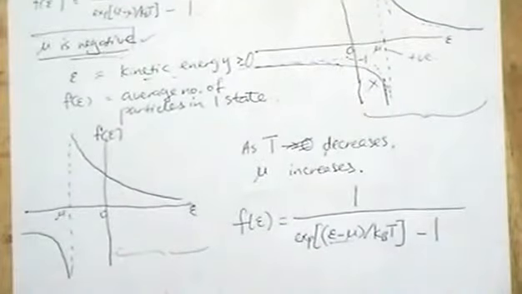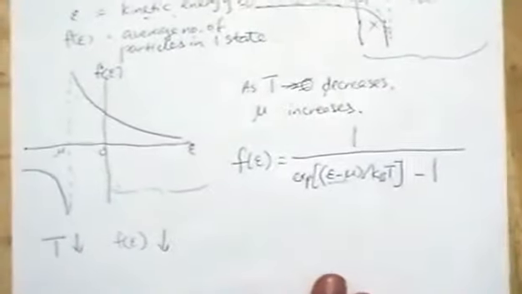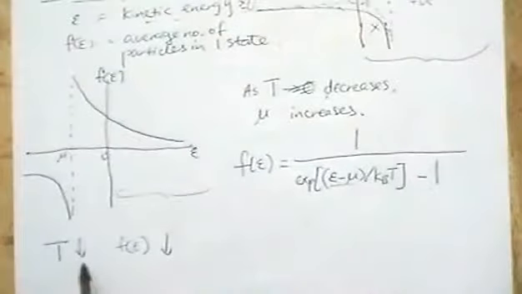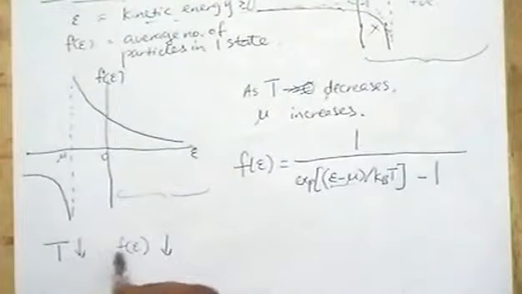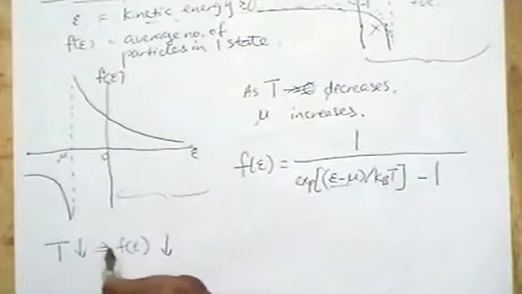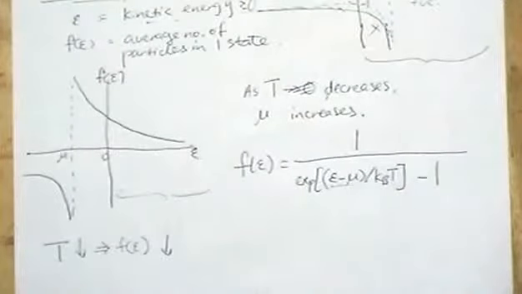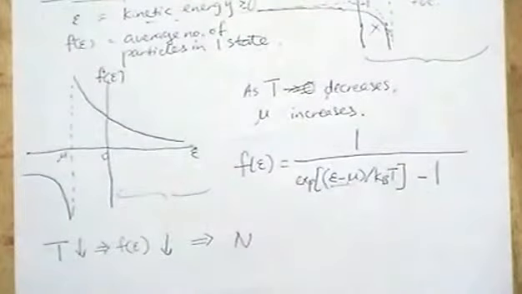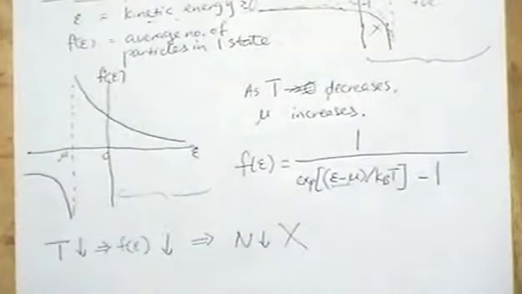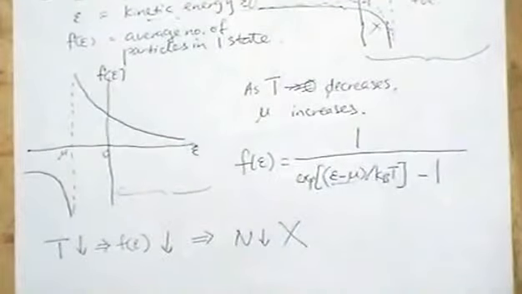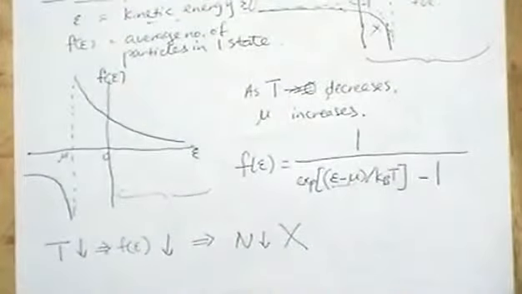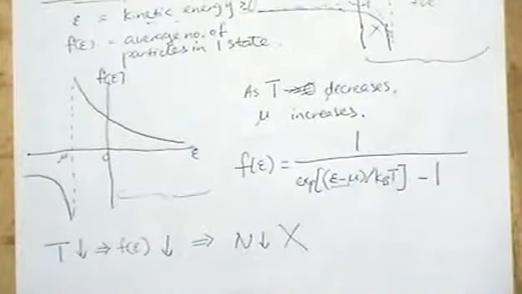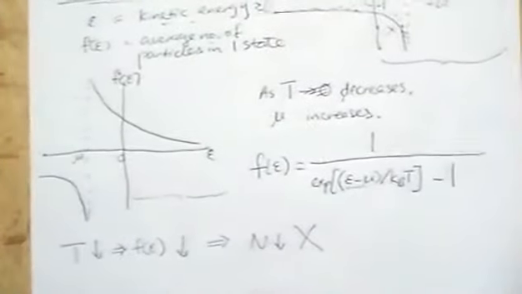Okay, so let me write this down. If T decreases, it implies that Fe decreases, and that implies that N, the total number of particles, decreases. And that must be wrong, because the total number of particles is fixed. We are talking about real bosons, like helium-4 atoms here. They don't just disappear.